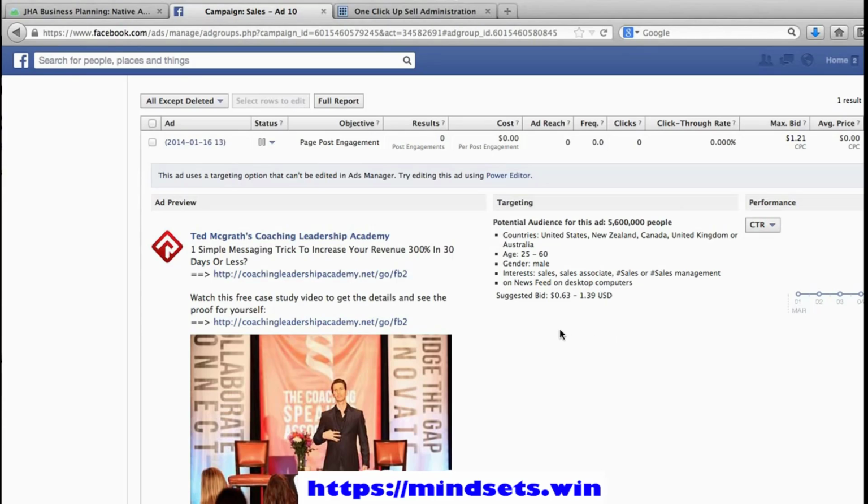If they don't convert, then you want to discard them. If they do, then once you have a group of like 5 to 10 or sometimes more interests that are converting for your offer, you can lump them all together into one campaign, to make managing your campaigns a lot easier. Because otherwise you can end up with hundreds of campaigns.